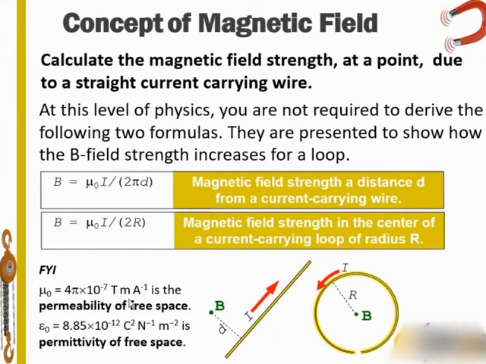It actually has a value of 4 pi times 10 to the minus 7 Tesla. Capital T means Tesla, which is the units for magnetic field strength, multiplied by m, which is the SI unit for displacement, meters, and then A to the minus 1, which is amp to the minus 1.